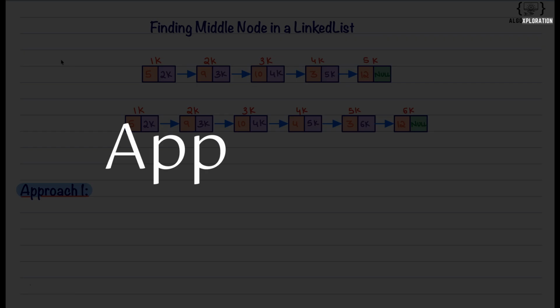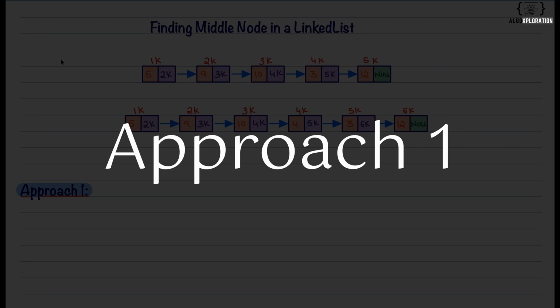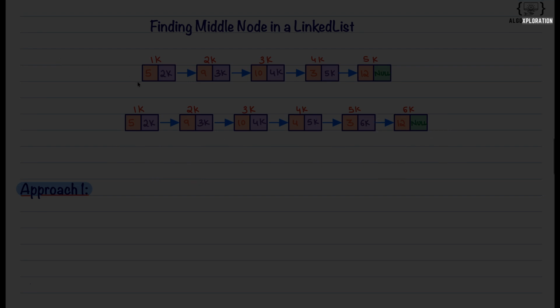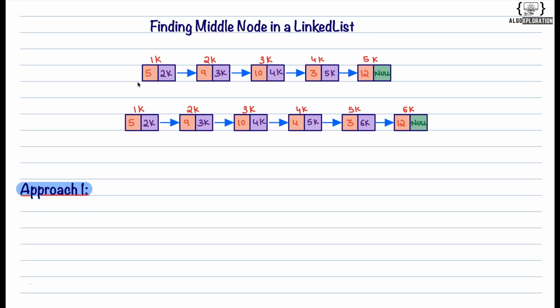Now what will be the first approach to solve this problem? First, you can traverse the whole linked list just to find the length, because in both scenarios we have to do a different operation for even and odd.